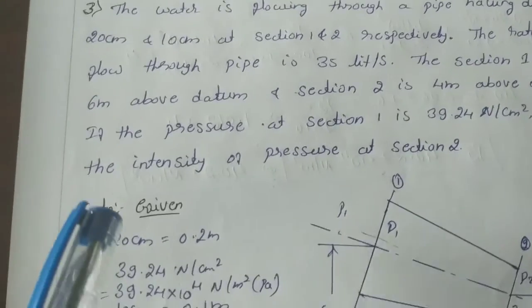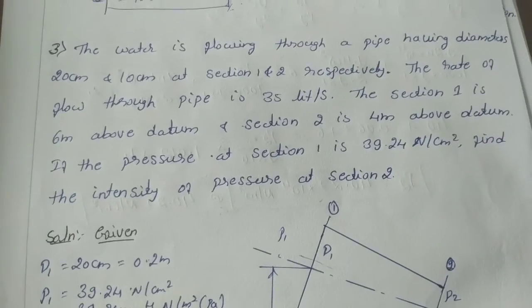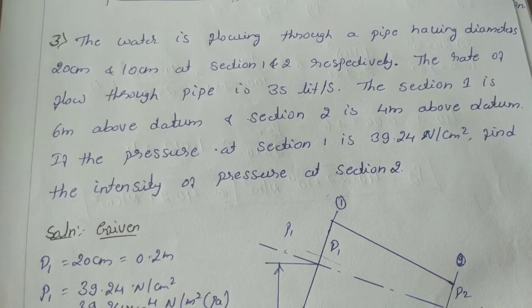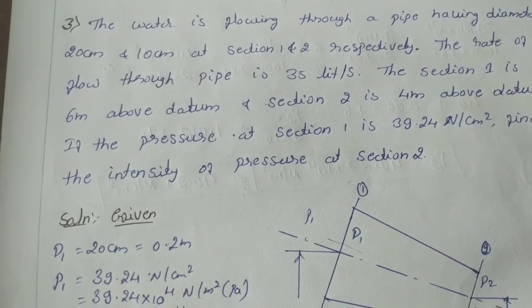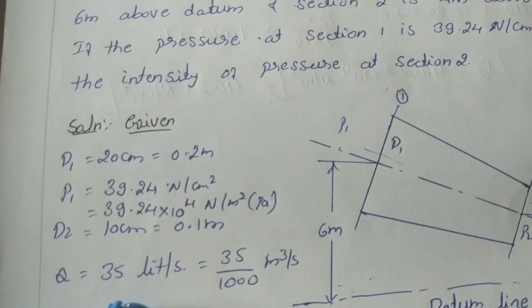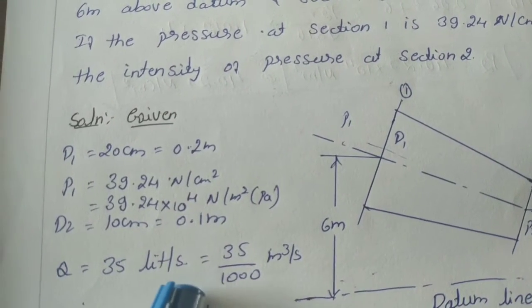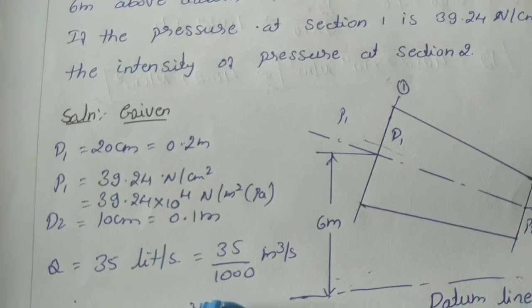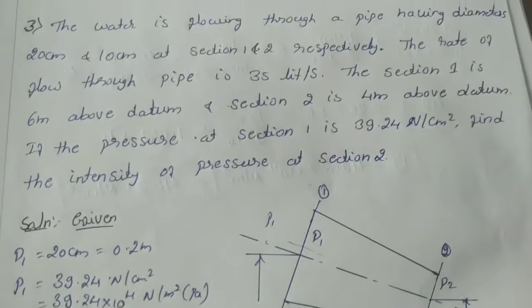The rate of flow through the pipe is 35 liter per second. Rate of flow means discharge, we call it Q. Q is equal to 35 liter per second, that is 35 by 1000, converted into meter cube per second.